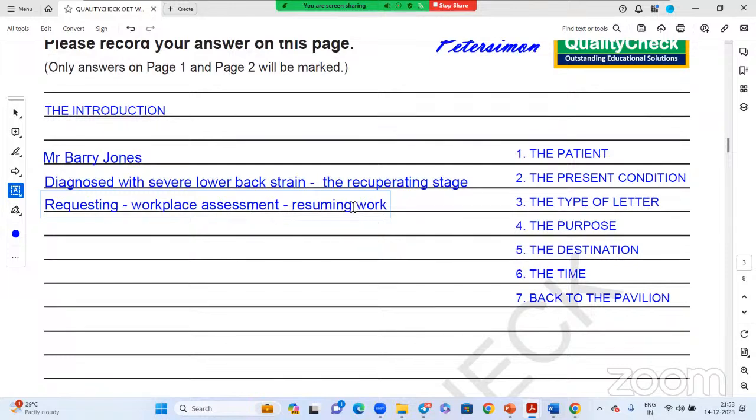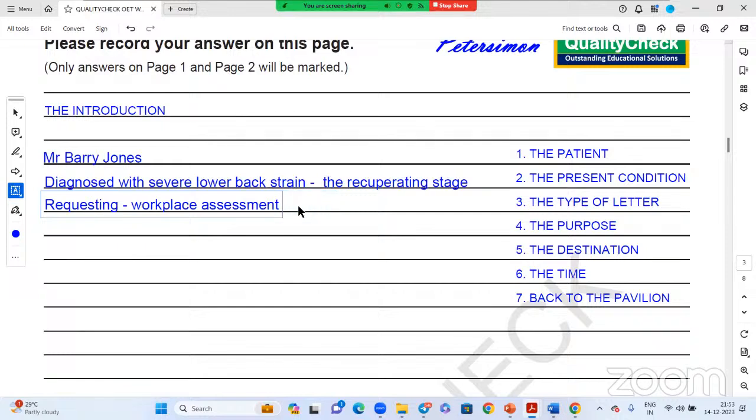Requesting workplace assessment, because he wants to resume work, whether he is suitable for work or not, what type of activities he can do, and what type of activities he should avoid. So this is a letter. So here you are just writing, no need to write everything else. Everything will go into the body of the letter.